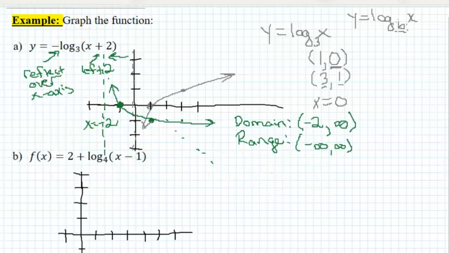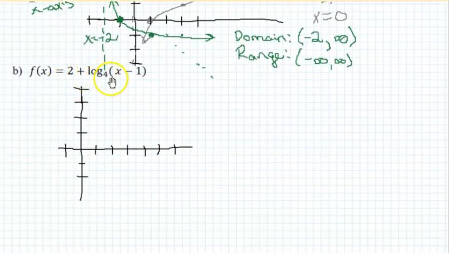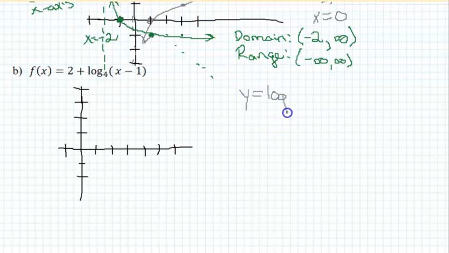Now for this second equation. So 2 plus log base 4 of x minus 1. I want to again start with the graph of a parent function. So log, keep the same base, of just plain old x. That graph is going to include, so again, 2 points and an asymptote.